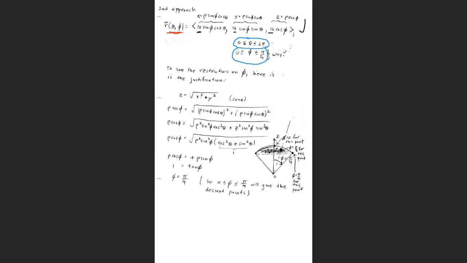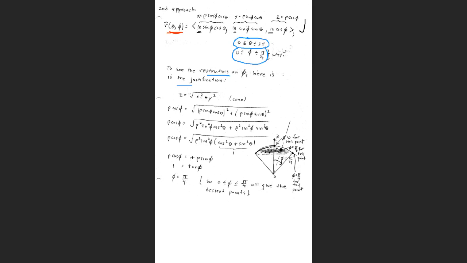And why is that? What we're going to do is to see the restrictions on phi, here's the justification. What restricts phi? It's the cone, because the sphere goes downward until it hits the cone. Where it hits the cone is where that sphere stops. The surface we're interested in, that part of the sphere, ends where it hits the cone.